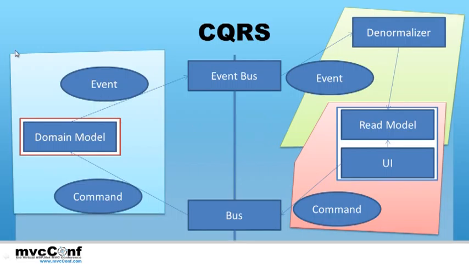So if you see that the domain model is going okay, but the denormalizers aren't getting updated as frequently as you want, and I'm talking about source code, not runtime performance, obviously, then you can actually throw more devs at it, because all a denormalizer has to do is take in an event and update the read model.